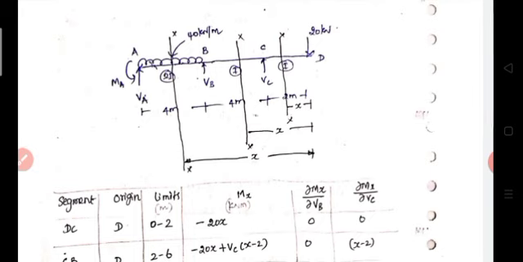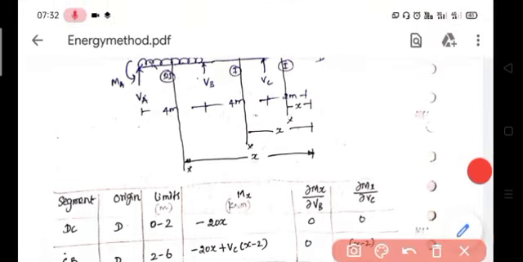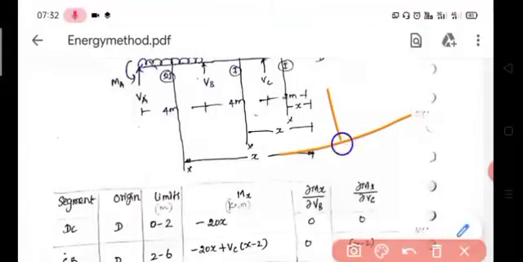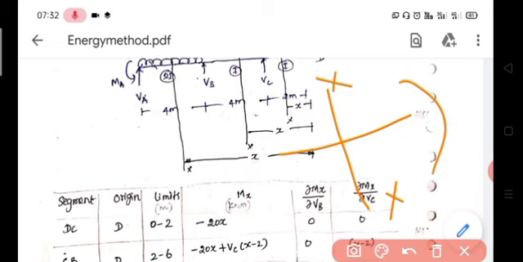What is the moment equation? We know the sign conventions of moment. Sagging moment will be positive, hogging moment will be negative. So this is our section. Sagging moment means positive, hogging moment means negative.